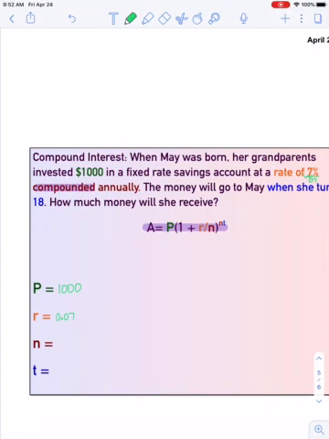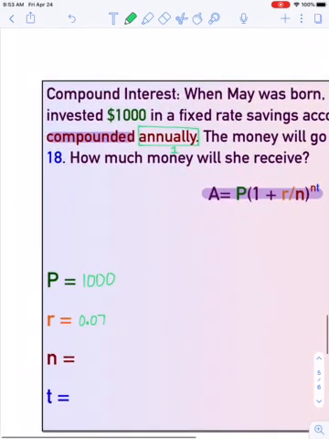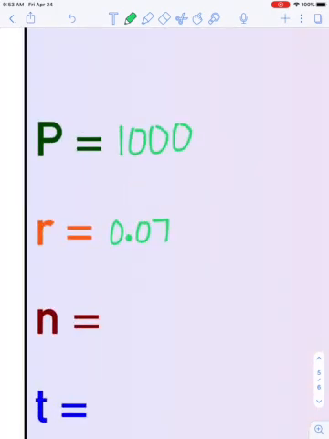N is how many times a year it is compounded. So be careful. You've already identified the word compounded to know you needed to use the longer formula. The word that comes after compounded tells you how many times a year. So compounded annually. Annually is just one time a year.